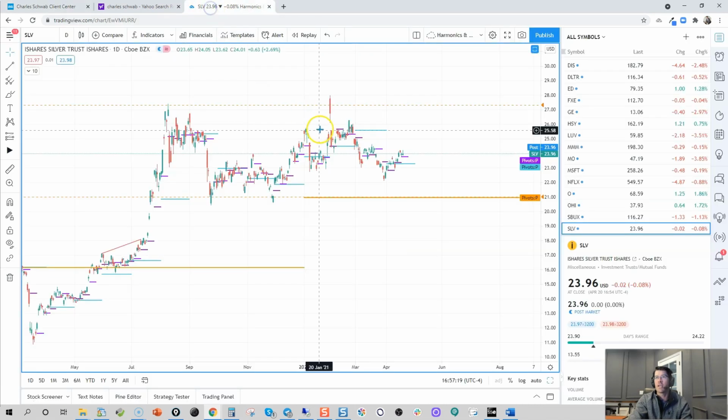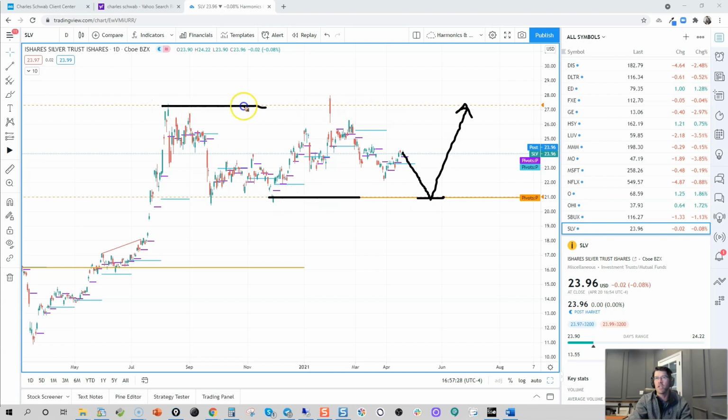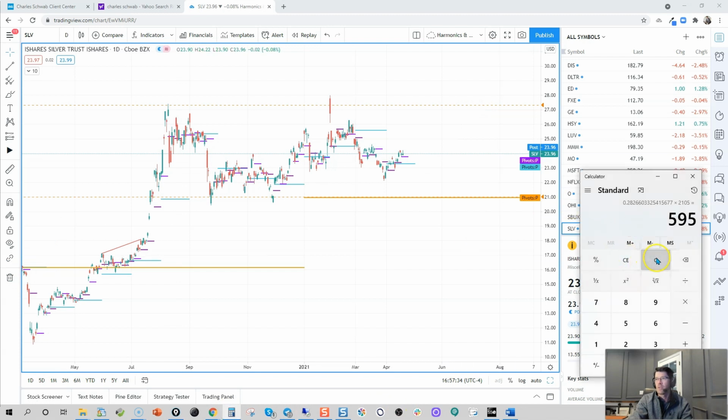If I have this trade, so let's just talk about the technicals. Let's say I get filled at 21.05 and my profit level on this trade is $27. That's not a bad chunk. Let's do the math on that. So $27 minus 21.05, which is my entry, is $5.95.